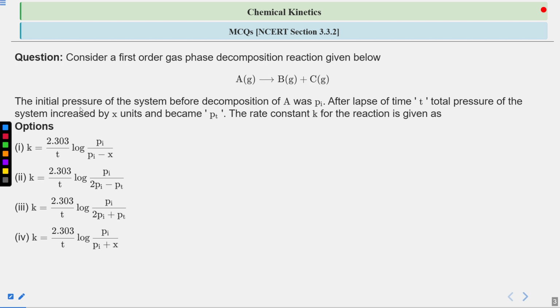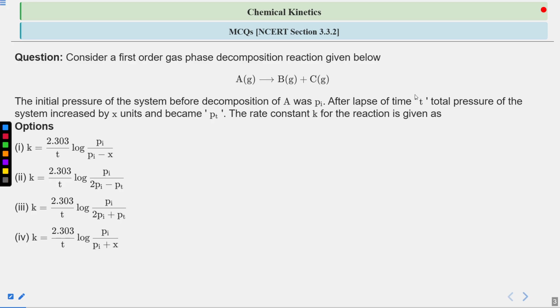Considering this reaction, the initial pressure of the system before the decomposition of A was Pi. Let's suppose this is a system where this reaction is happening. The initial pressure of the system before A undergoes the decomposition process was Pi.